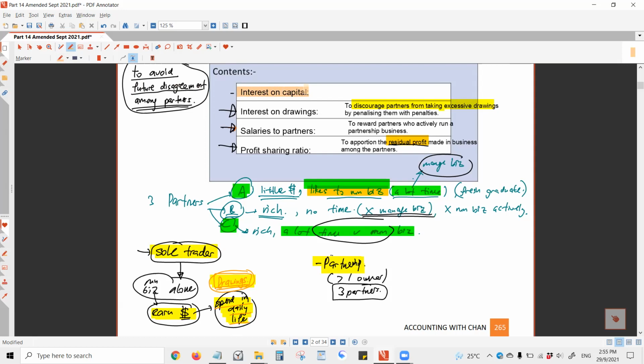Okay, so you write together with me. The purpose of interest on capital: a reward to the partners for their invested capital.